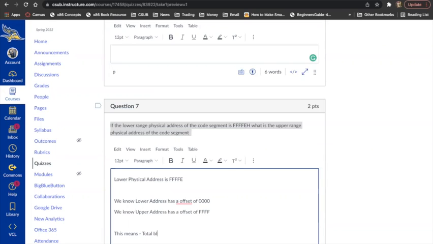The total blocks of offset are FFFF minus 00000, which is FFFF.